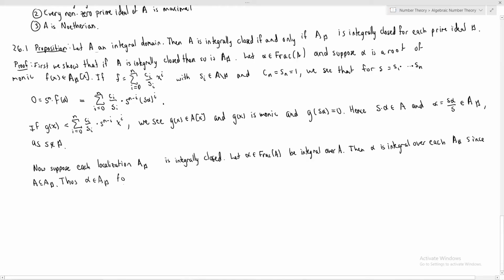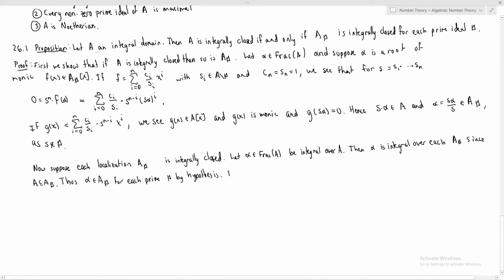So for each prime P, by hypothesis, since each A sub P is integrally closed, alpha has to live in each A_P. What does this mean?